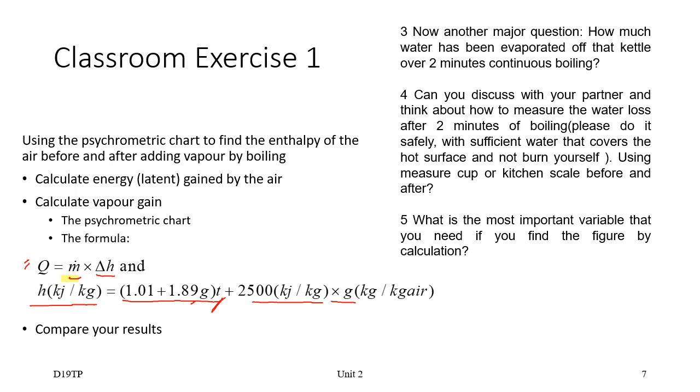Room air moisture content is calculated as kilogram vapor per kilogram dry air. So you need to consider the total vapor in a big room and the weight of the room air. So you use the moisture weight divided by the room air weight, and you get the moisture content for the room air. Okay.